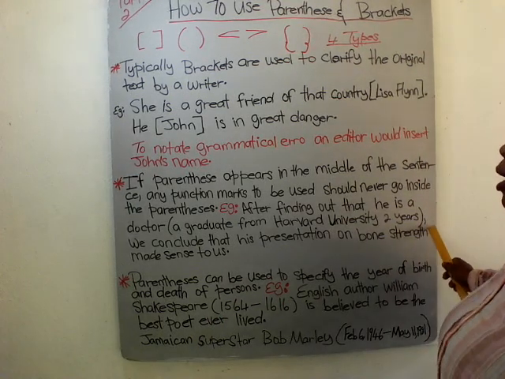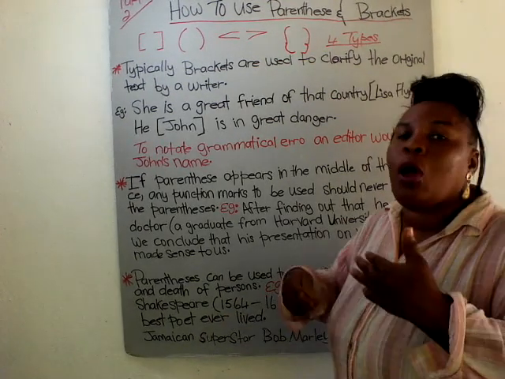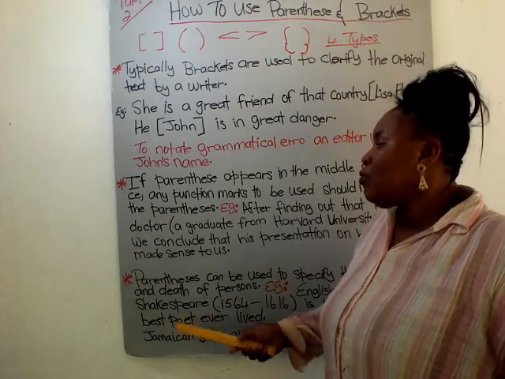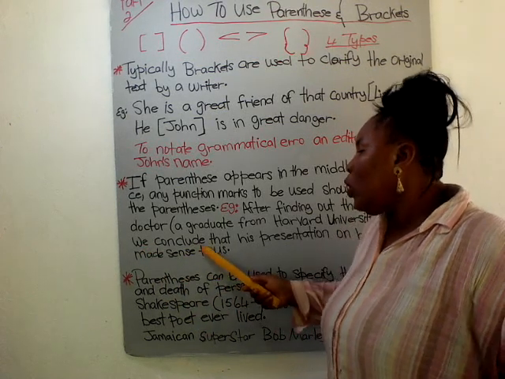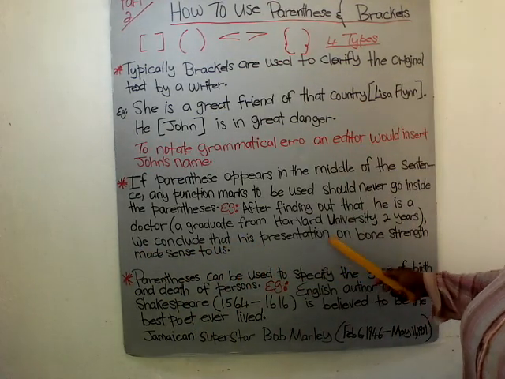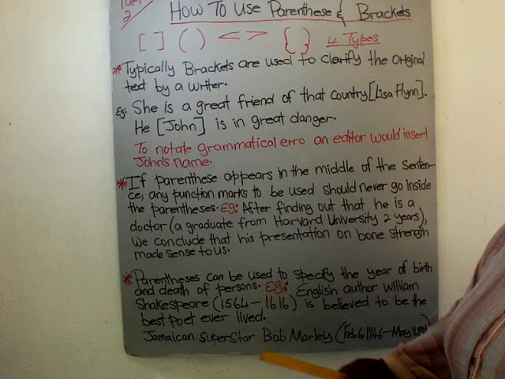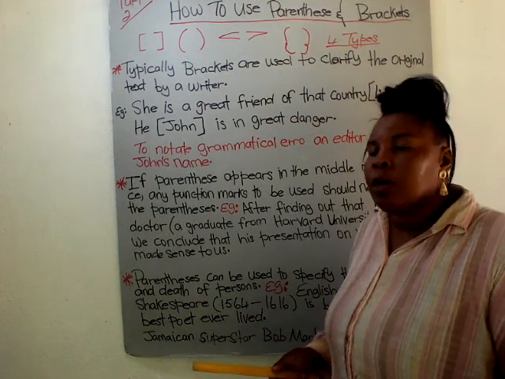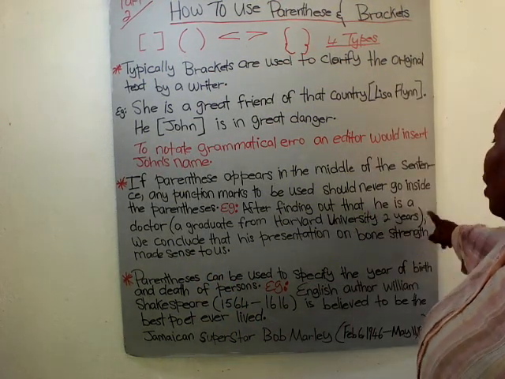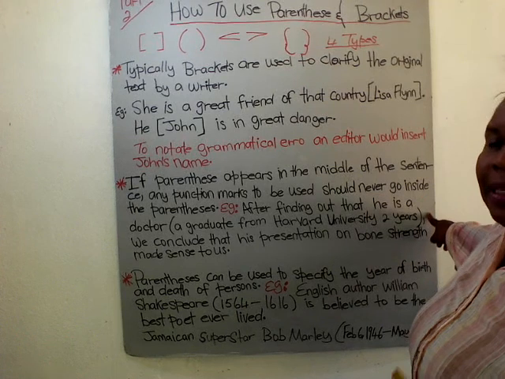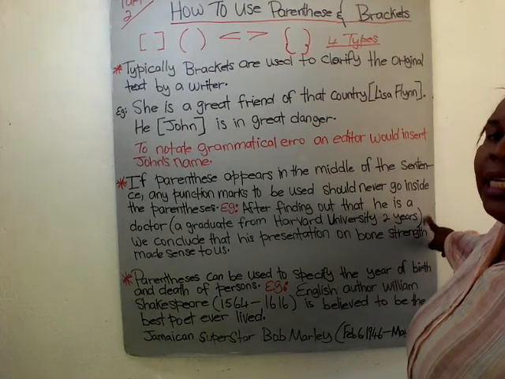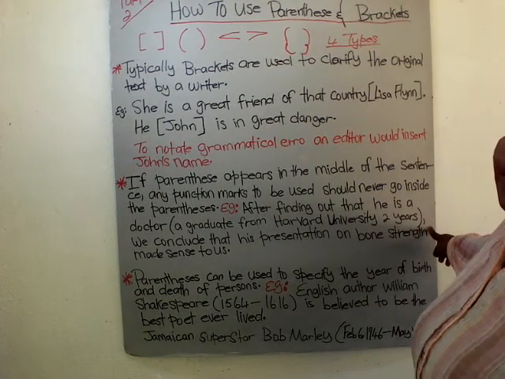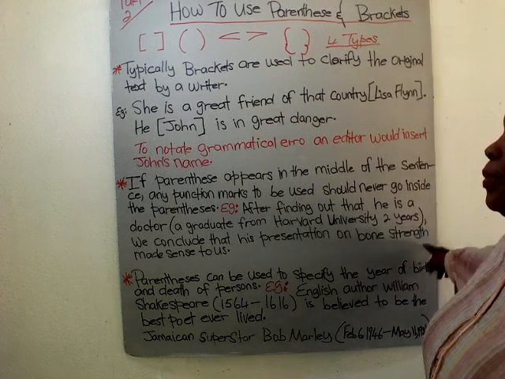So you put the comma because this is where you would continue the sentence from. Alright? So you put the comma on the outside. If it is in the middle of your sentence, you put it on the outside of the parentheses.